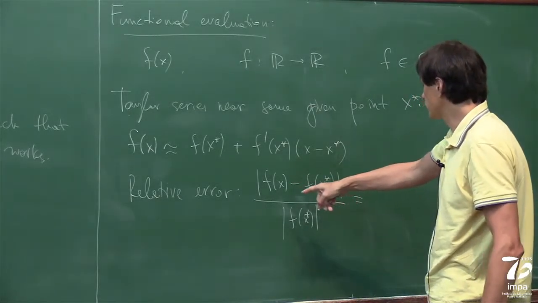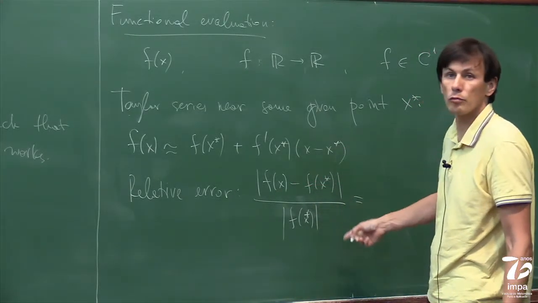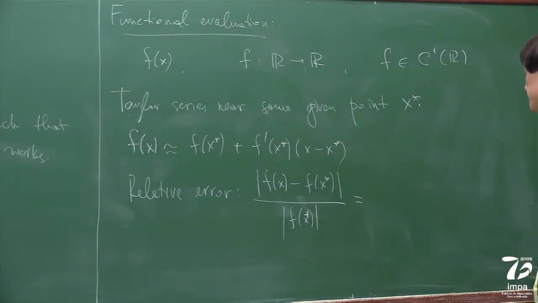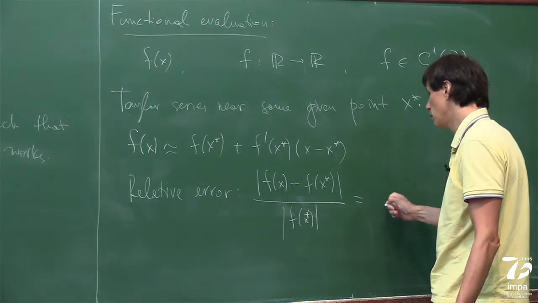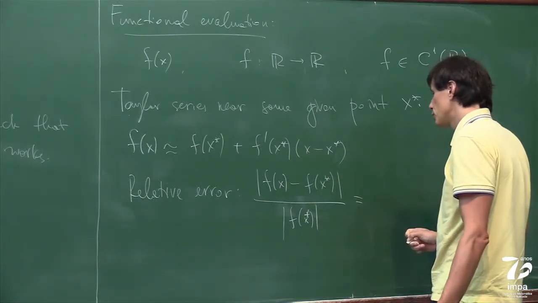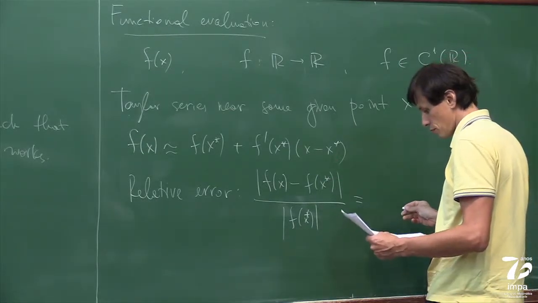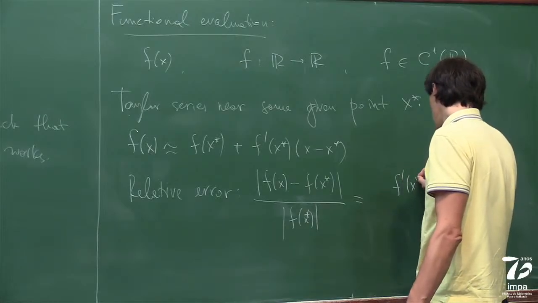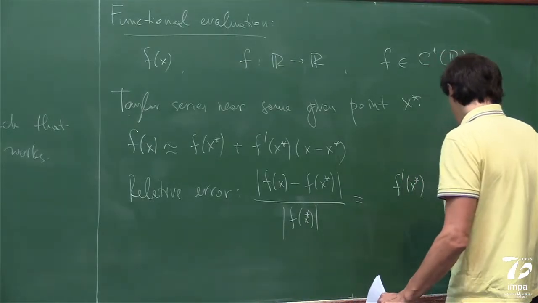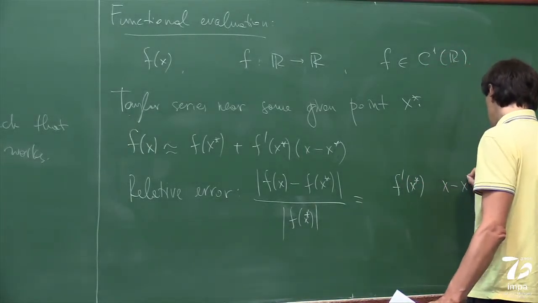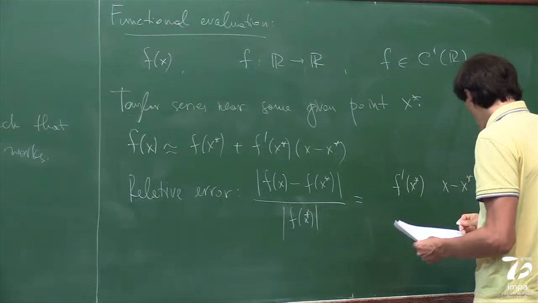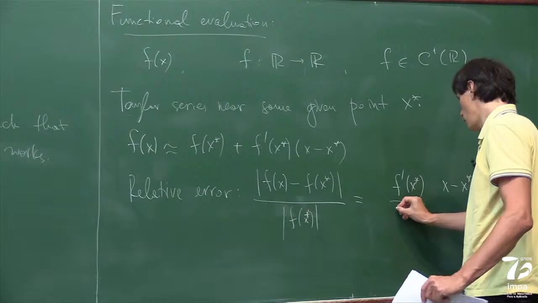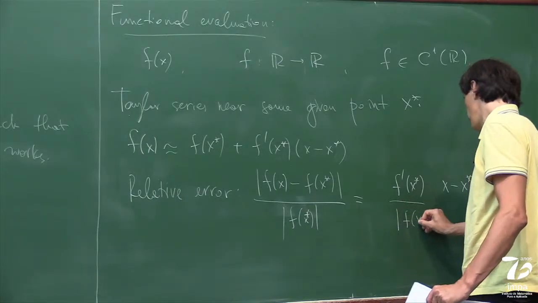It's for real functions, but if it's a vector, you put a norm, or whatever space you want, instead of modulus. And then you substitute this by this expression, and this will be f prime of x star times x minus x star. But then I want to divide it by modulus of x star.